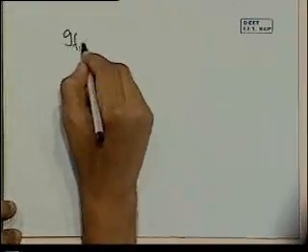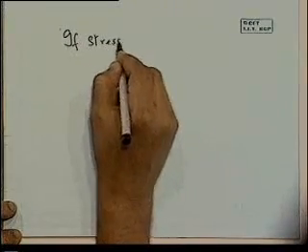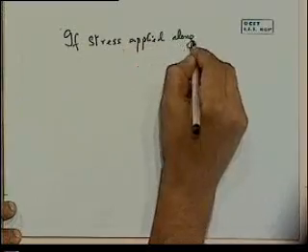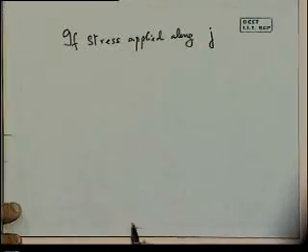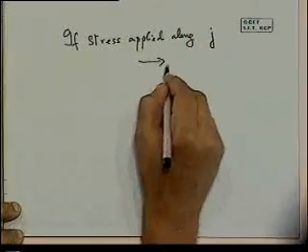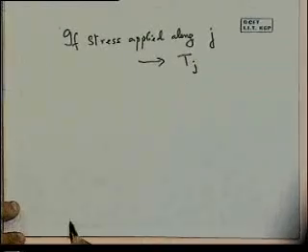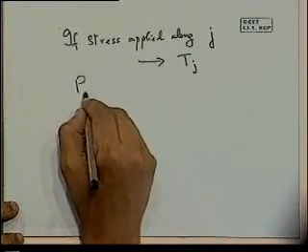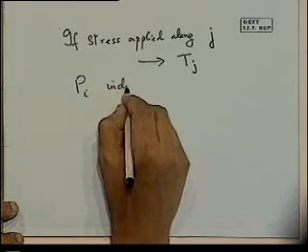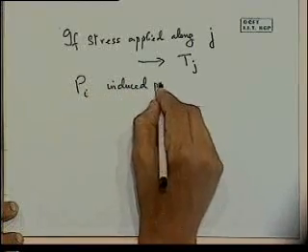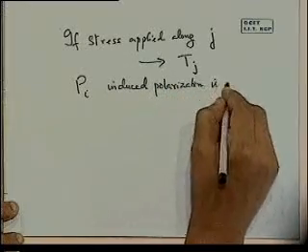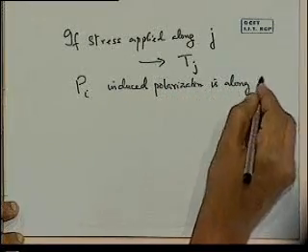But in general, if stress is applied along a particular direction, let's call it J, some direction J, and we will call the stress Tj, then the induced polarization, Pi, is along some direction I.